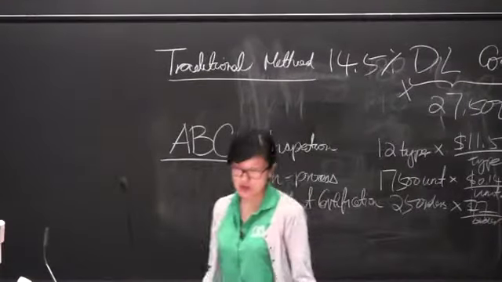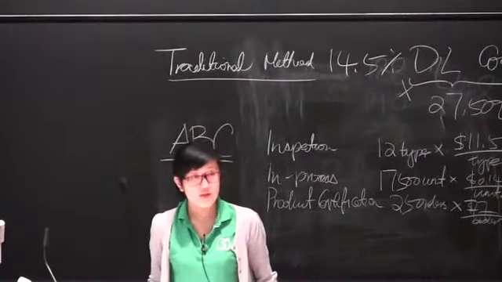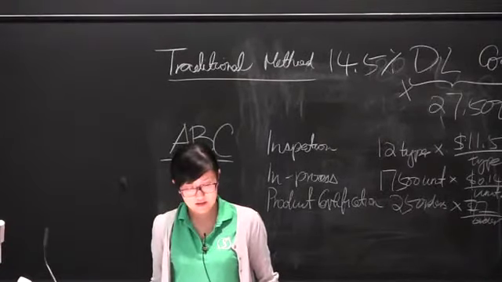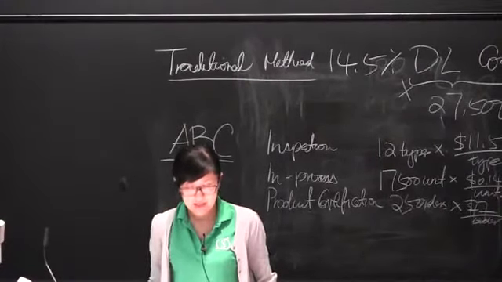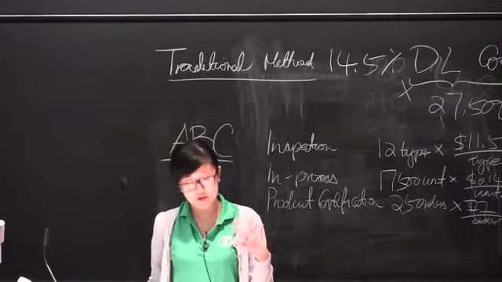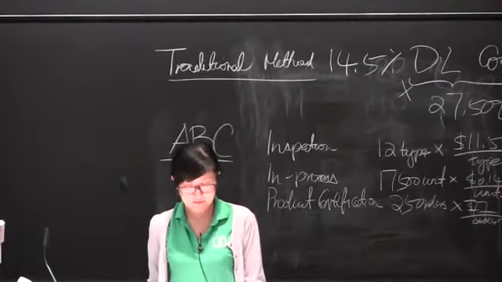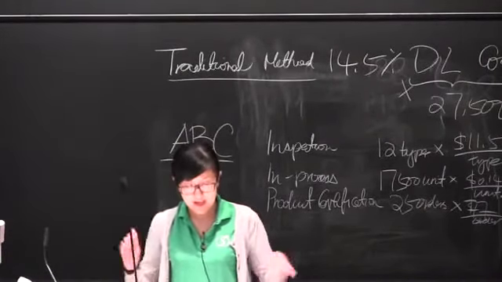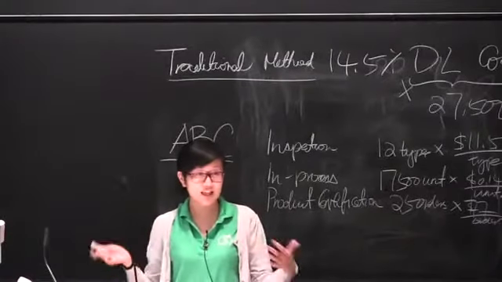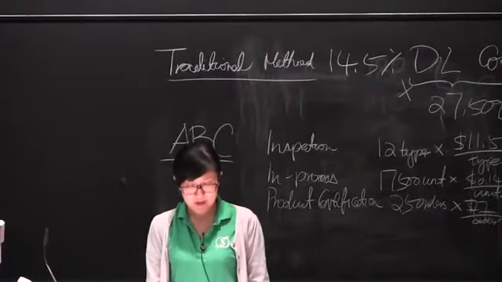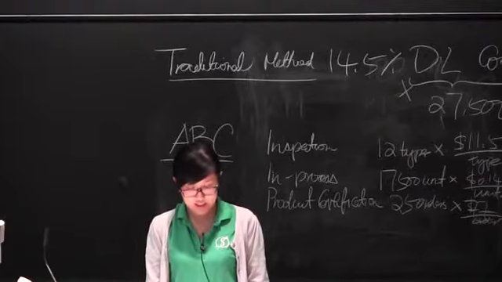You'll get a number of 3,000. Yes. And then you divide that by the number of orders we have, because they ask you per order, right? So you always divide it by the order. Divide by 25 orders.